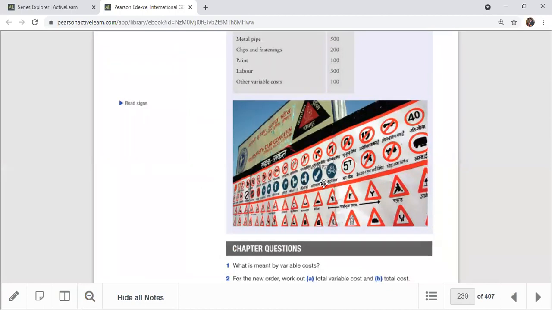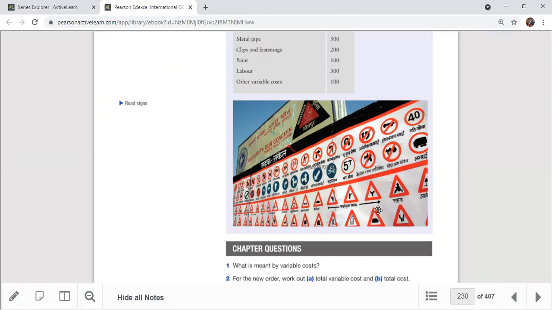If you have a driving license, you have to study these things, because there's a test to take the driving license. This is a speed limit, and this is different: you can't make U-turns, you can't turn left, you can't turn right, and there is a weight limit, only 5 tons can go over the bridge, like that.